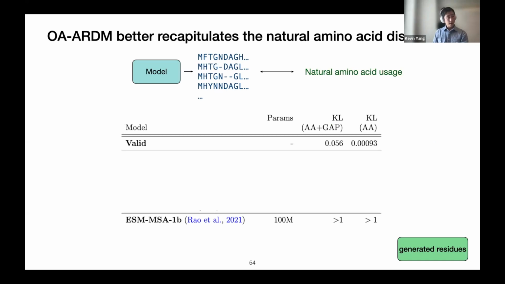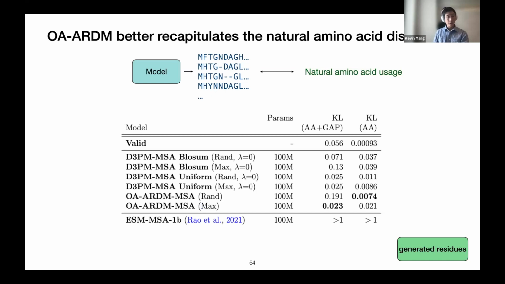ESM MSA is the same architecture, but it's trained on a much larger training set, with a masked language modeling task. Because of that, it has a lot of trouble generating from scratch. Once again, we could do Gibbs sampling, and that would probably give us slightly better samples, but there are a lot of hyperparameters.